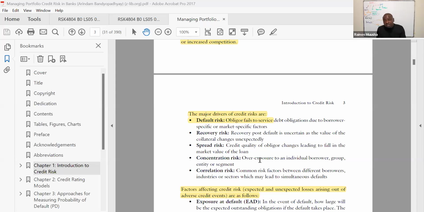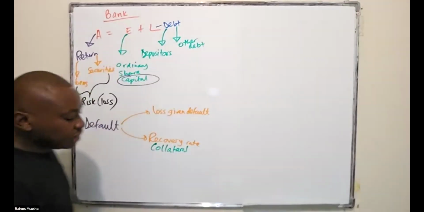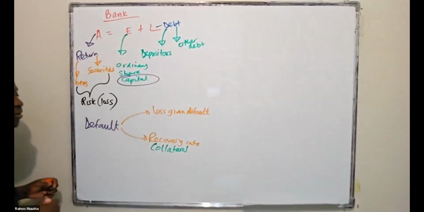It's either they can print more money or they can what? Increase taxes so that they're able to cover their debt. Because of this, if you invest in any securities that have been issued by the governments, usually they are considered to be risk-free securities.